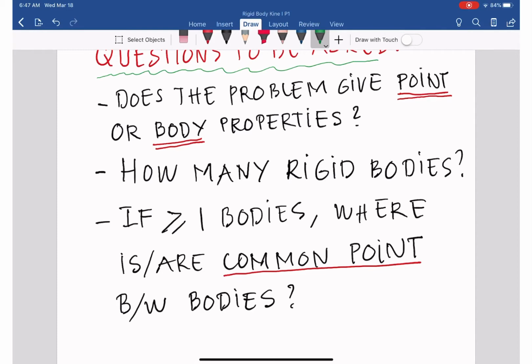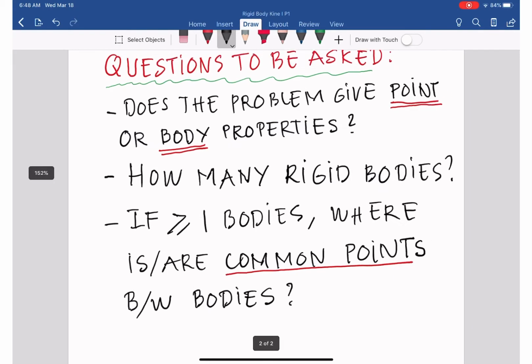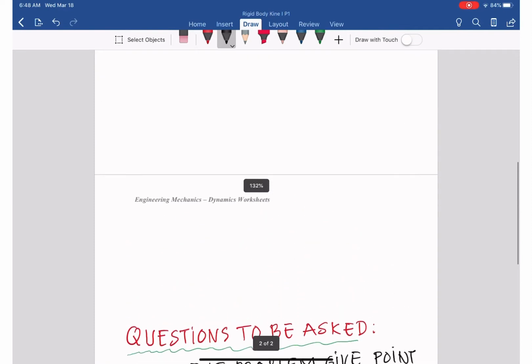It's very important. Where is the common point between the bodies? Because that is the transition when you move from this body to the other. It always starts with the body that is given the information. That's very important. So let's do it for this problem.